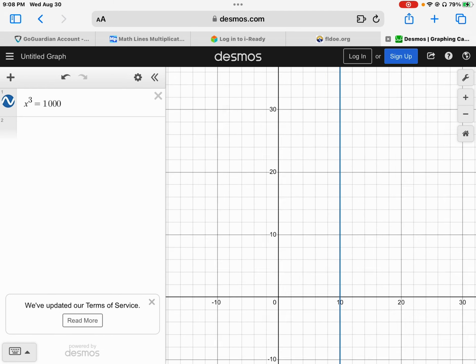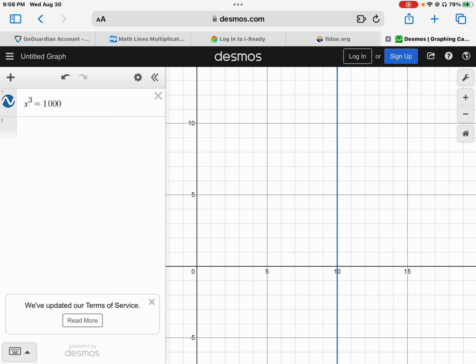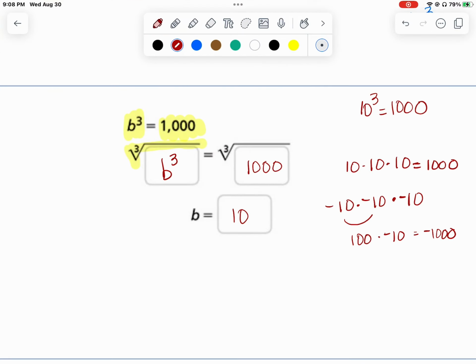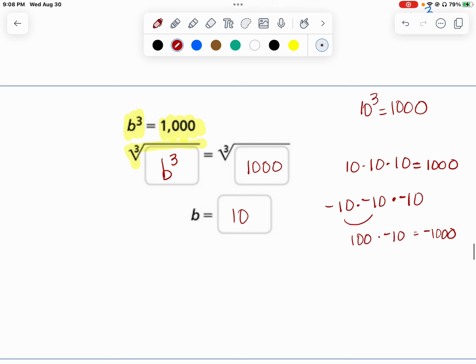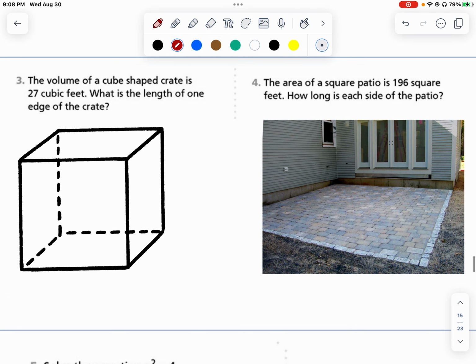Only once, and it crossed at 10. There's only one root, and this graph crosses at 10. So Desmos is a really handy tool for you to check the solutions that you get to see if that works.